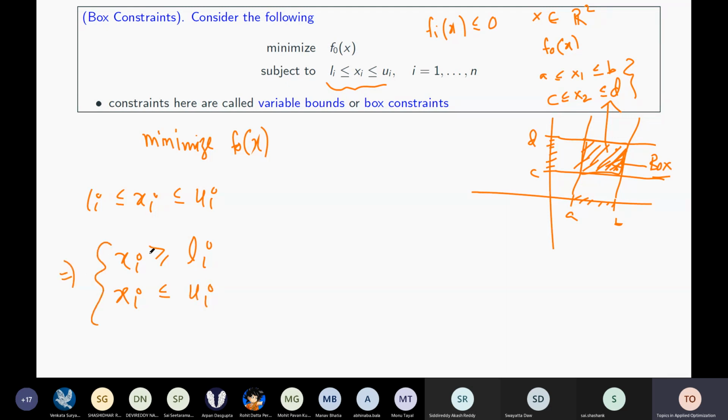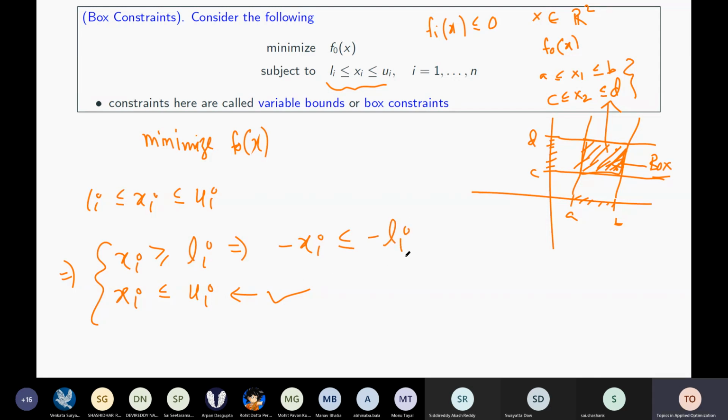Which one am I allowed to put in the standard form? This one is fine because it is less than or equal to, but the other is greater than or equal to, so I will change it to minus Xi less than or equal to minus Li.